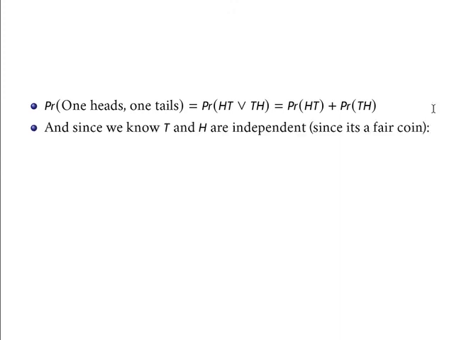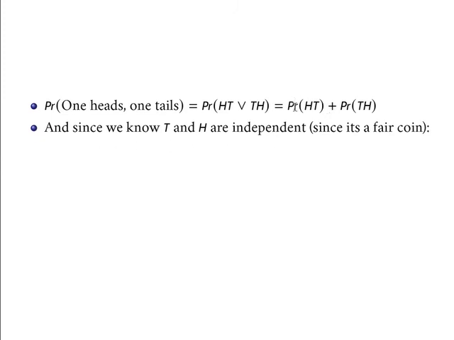And now, here we're wondering about the probability of two conjunctions. And furthermore, because we know it's a fair coin, where the outcome of each toss is not influenced by the earlier ones, we know that we have conjunctions here of independent propositions. So H and T are independent.